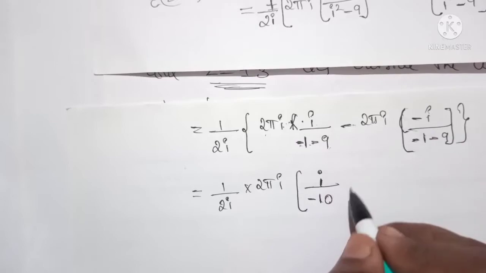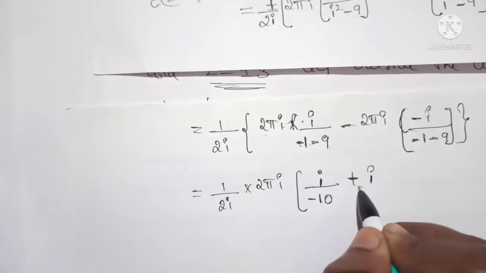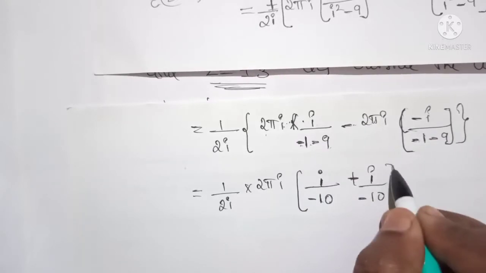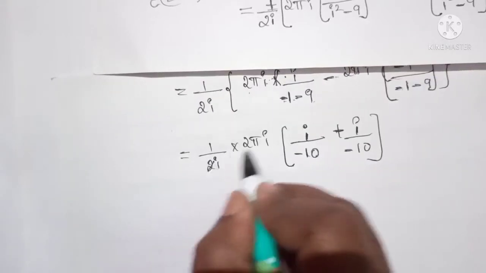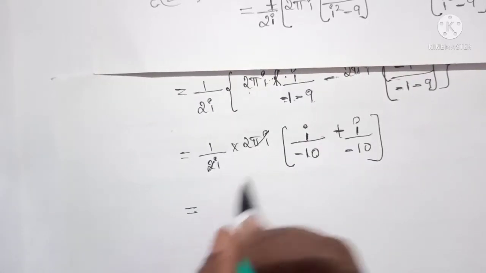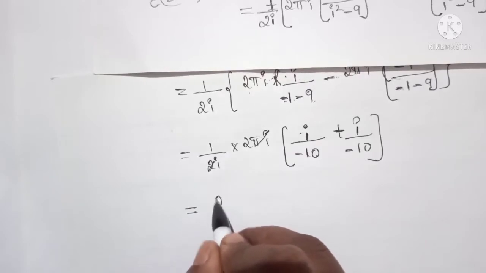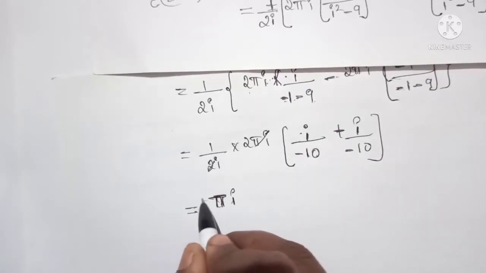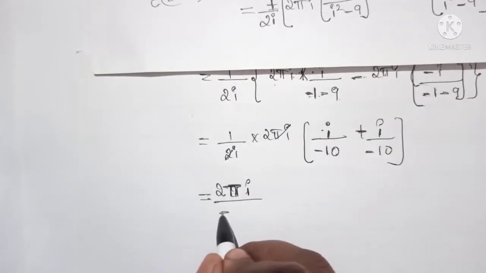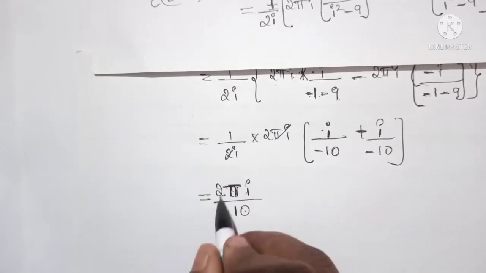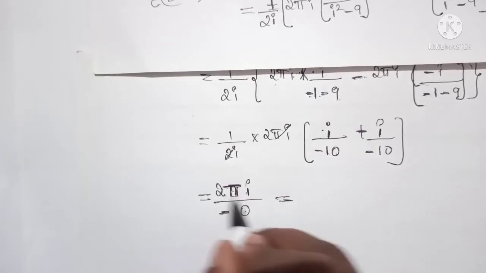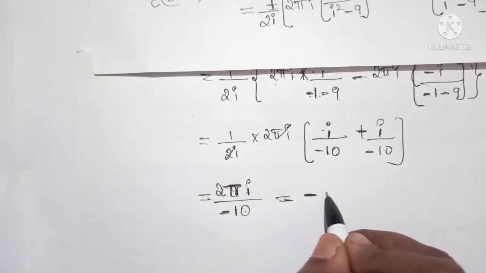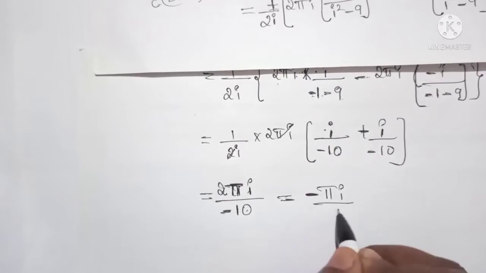Next, minus into minus plus i divided by minus 10. So here 2i gets cancelled. We get pi, that is 2 pi i divided by minus 10, which equals minus pi i divided by 5.